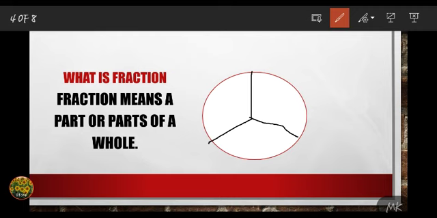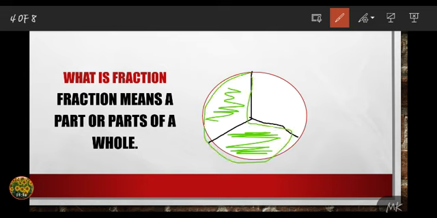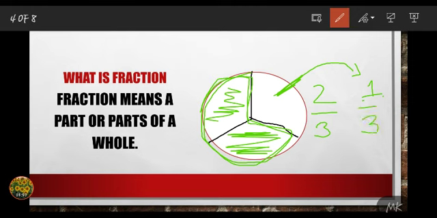Okay, so if we talk about the circle, and we shade it, then we are taking this part which is shaded, that means 2 parts out of 3, and this unshaded part is the leftover part. So we can also represent this as 1 upon 3, right? So with the help of the fraction, we can represent any part or more than one parts of any whole. Okay?